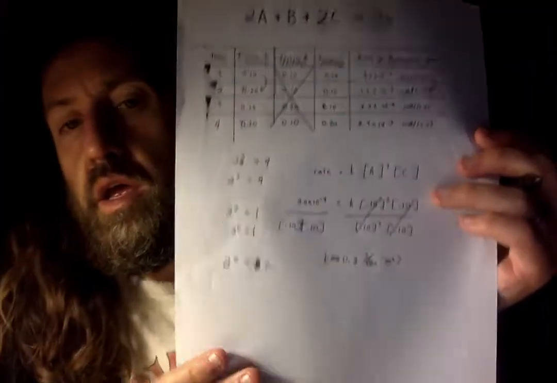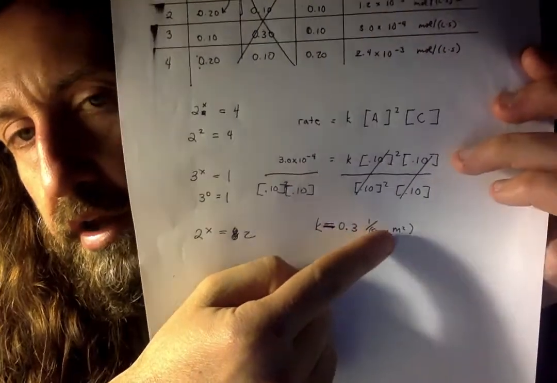So that's 0.03 divided by 0.1, 0.3. Okay. So K equals 0.3, and the unit for K, which they will ask for since this is a third order reaction, is 1 over seconds times molarity squared. You can just put that there like that. And so that's going to be our K right there.